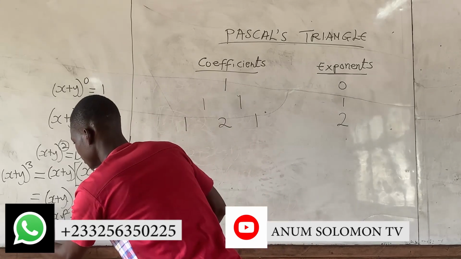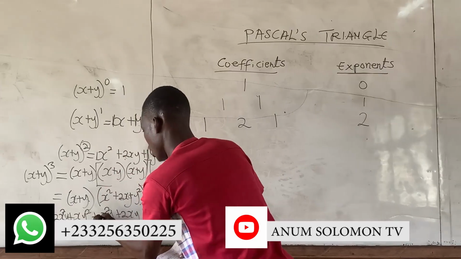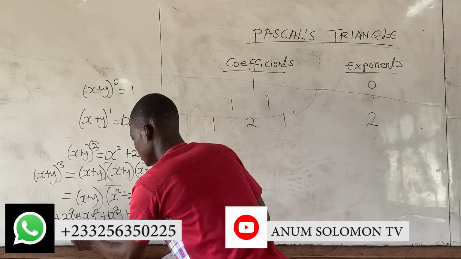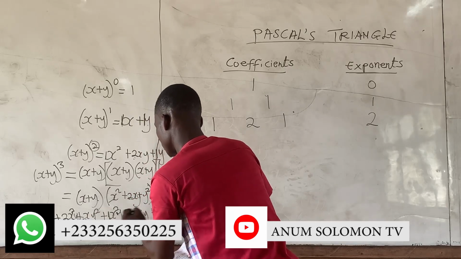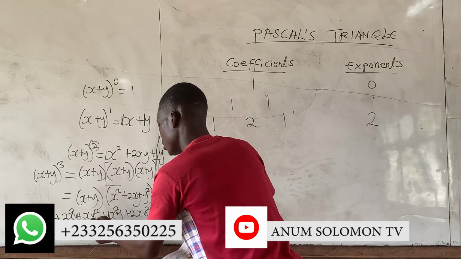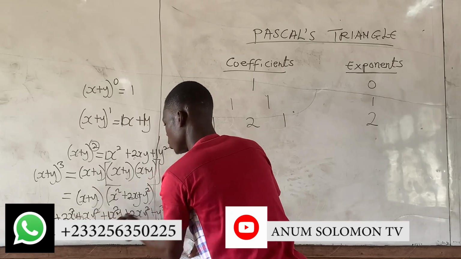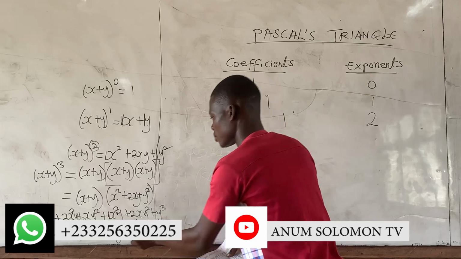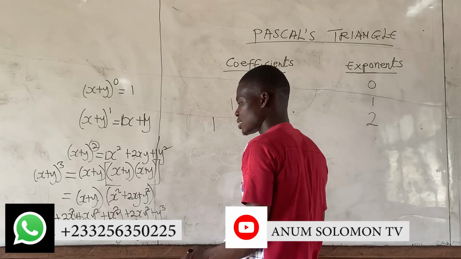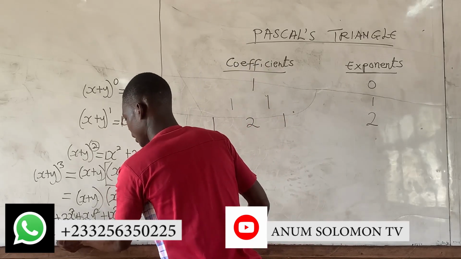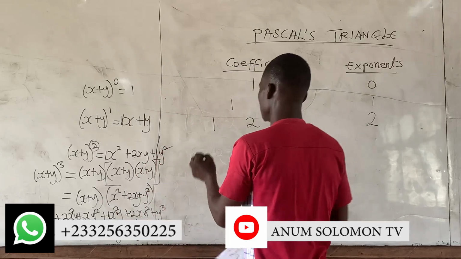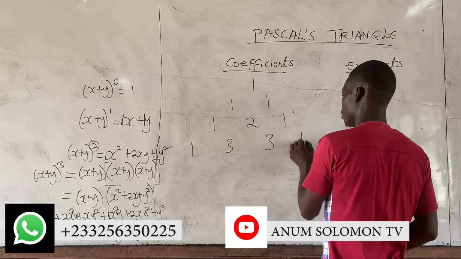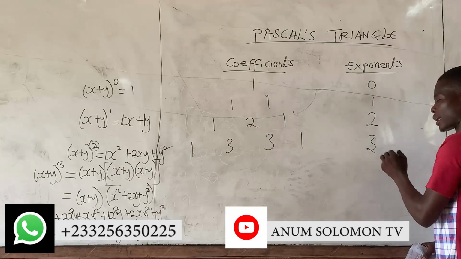We have x cubed, x squared y with coefficient 1 plus 2, which is 3x squared y, then xy squared with 1 plus 2, which is 3xy squared, and then y cubed. Now let's see the coefficients: it's 1, 3, 3, 1 for power 3.